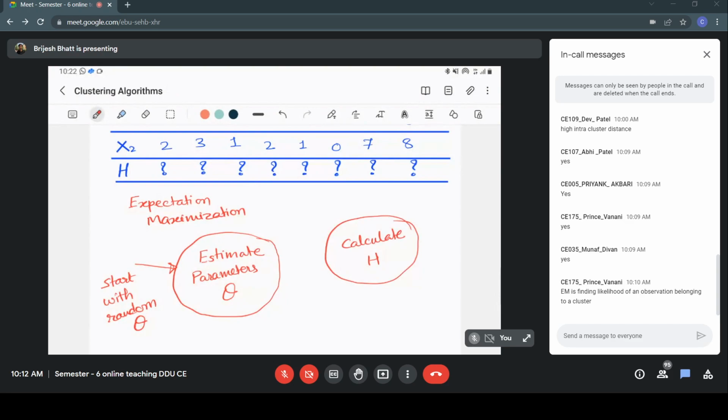And we keep on iterating between these two until we reach a stable assignment, or there is no further update in the parameters. So there are two steps, the expectation step and the likelihood calculation step, as Prince is saying. Expectation of the random variable h and calculation of the parameter theta, which is the likelihood. Right, Prince?